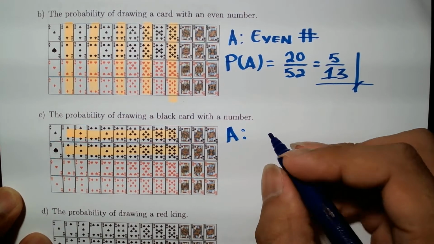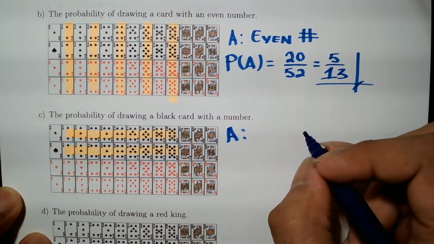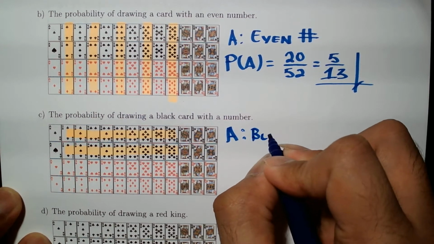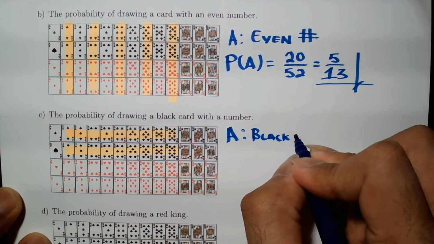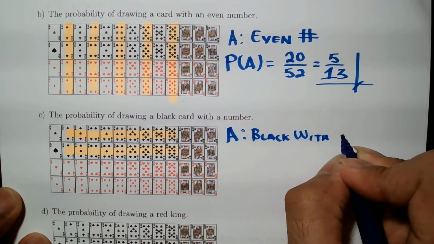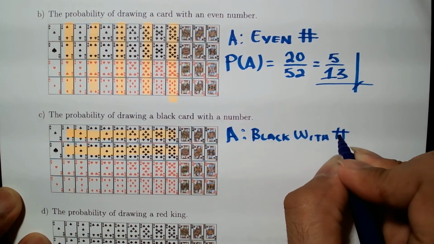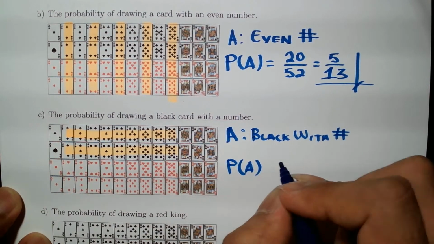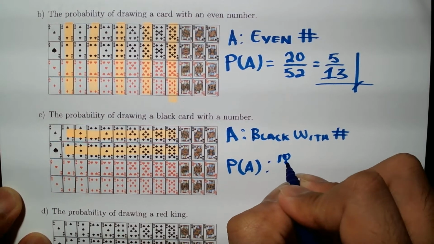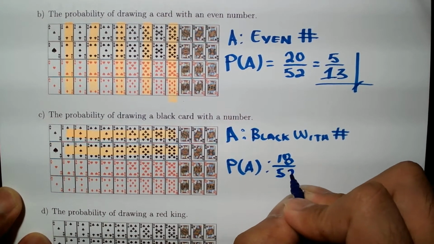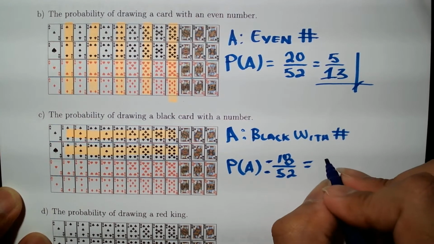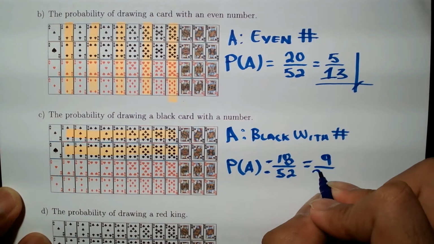Let's find the probability that A is a black card with numbers. So the probability of A will be the number of total successes, which is 18 out of 52, which can be reduced to 9 over 26.